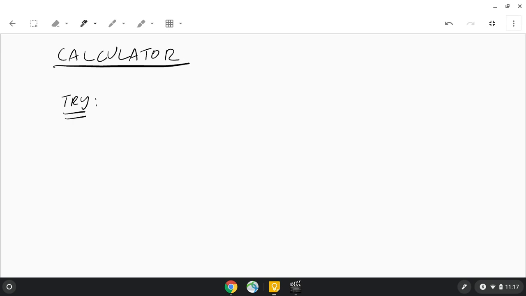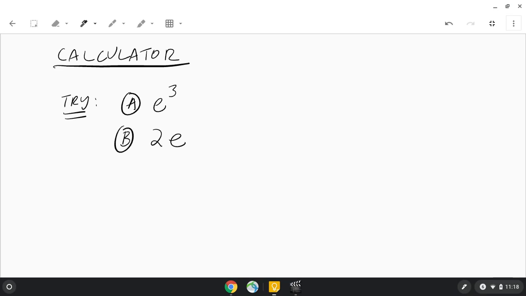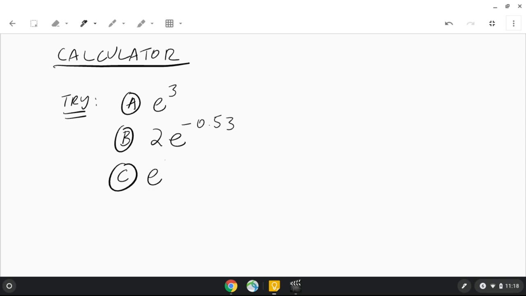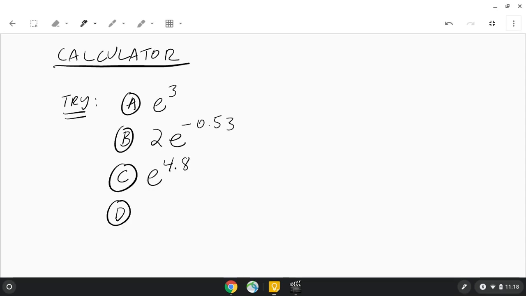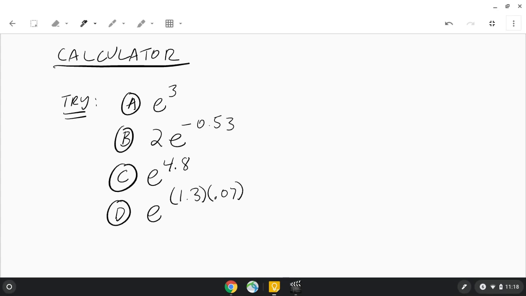These are the 4: e to the 3rd power, 2 times e to the negative 0.53, e to the 4.8, and e to the 1.3 times 0.07.